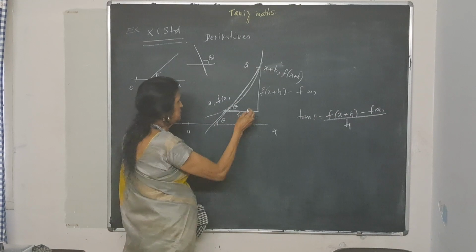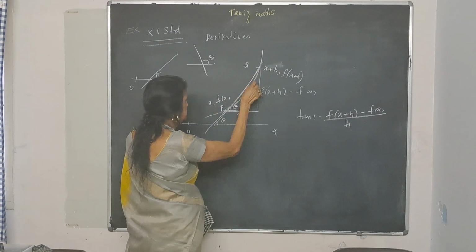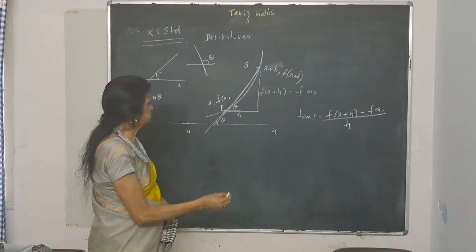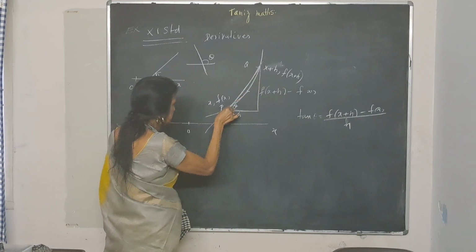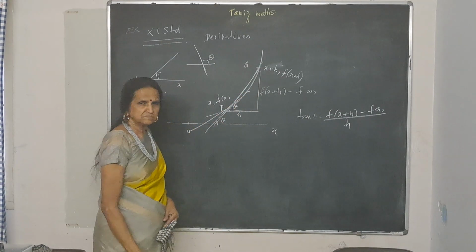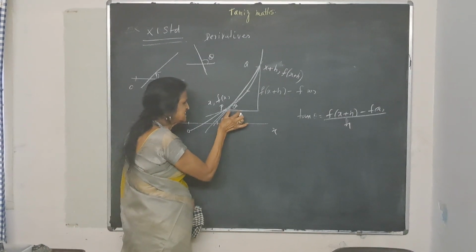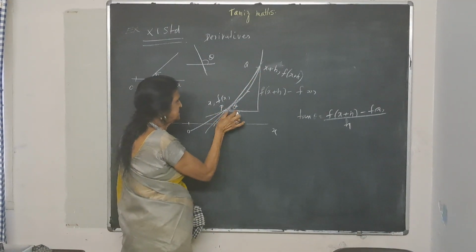You imagine the point Q is moving towards the point P. It will come here, it will go like that. So you find that h is decreasing. As Q moves towards P, h is decreasing.